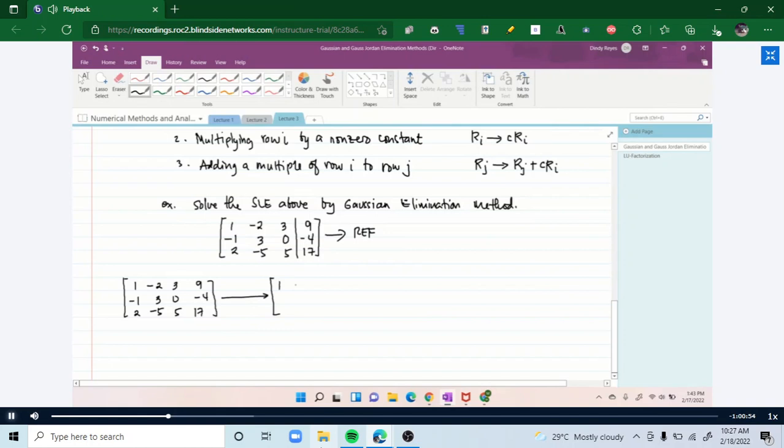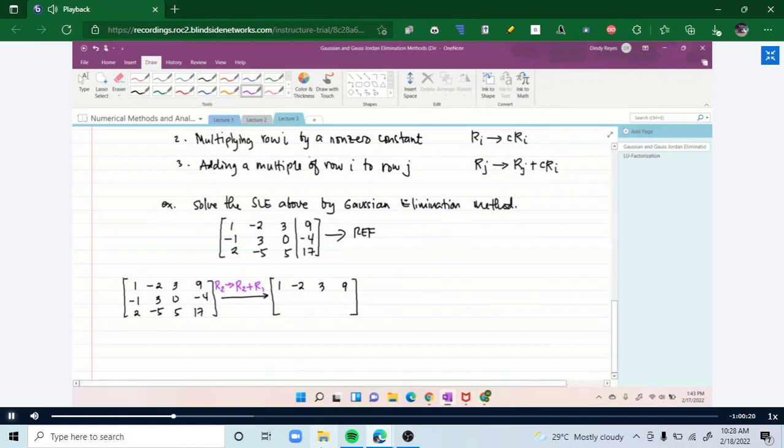Okay? So let's copy the first row because we won't be changing anything in that row anymore. And then change R2 using an elementary row operation. We are changing R2. We can just add R1 and R2, right? So, unahin ko muna si R2, whatever row that we are changing, and then add to R1.